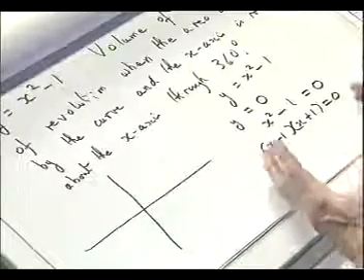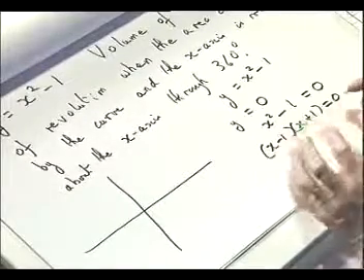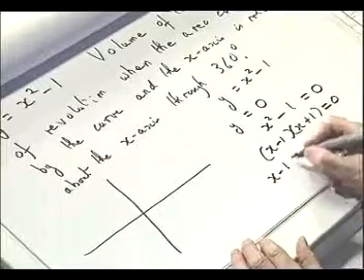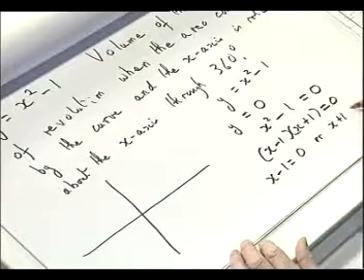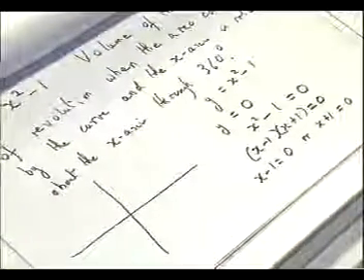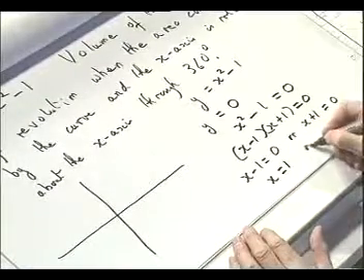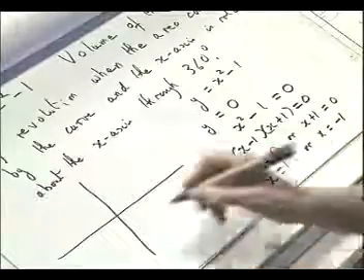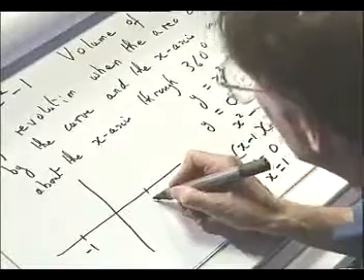Now this is a quadratic equation that we factorised into two separate factors. So if the two factors multiplied together give 0, then one of them is 0, or the other one is 0, or they're both 0. And this tells us that x equals 1 or x equals minus 1. So we know that the curve goes through there and through there.